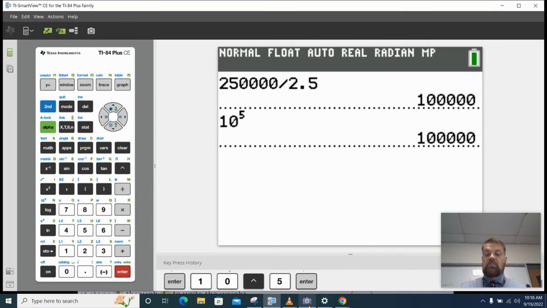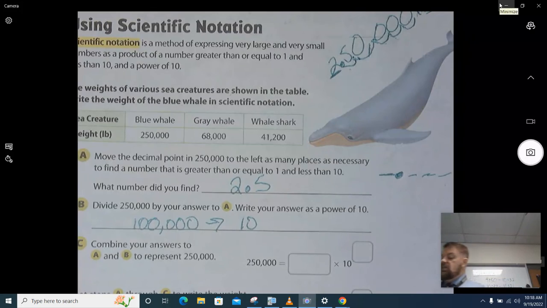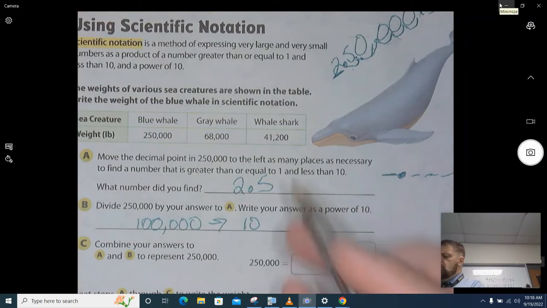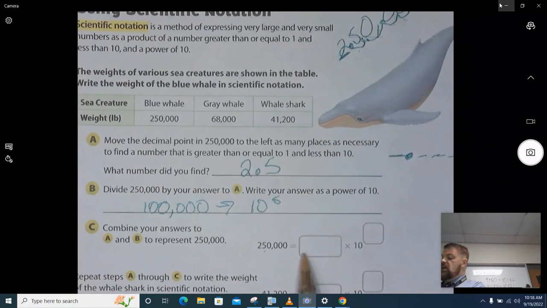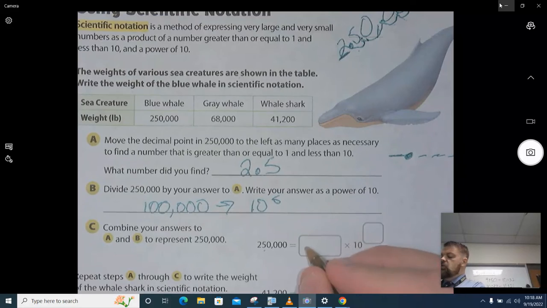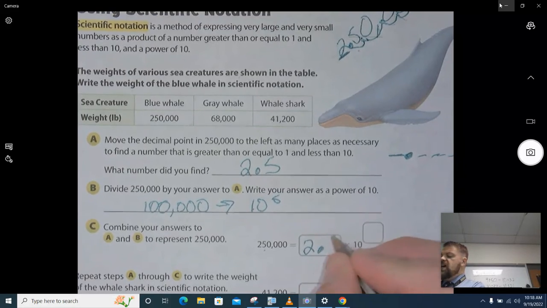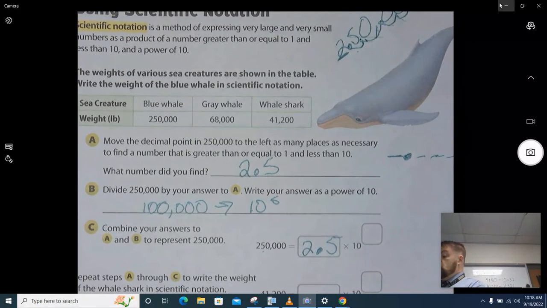So then this is 10 to what power was that? To the 5th power. So if I were to write this as 250,000, could I say that's 2.5 times 10 to the 5th power?